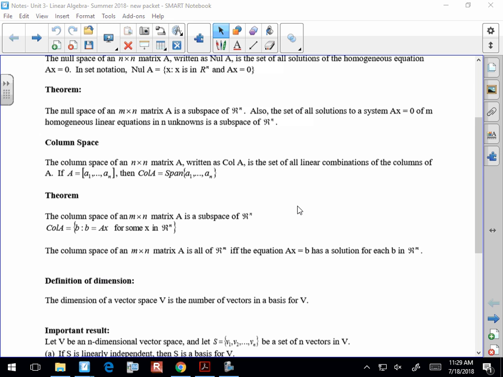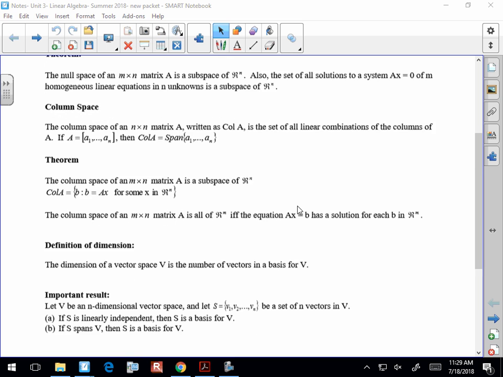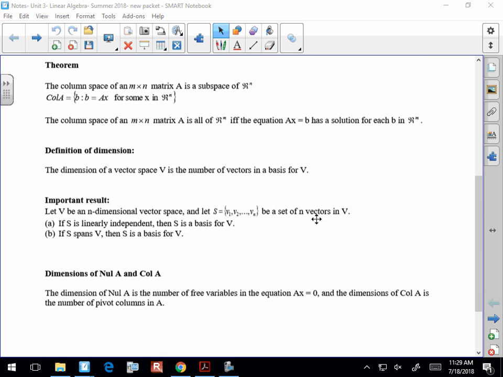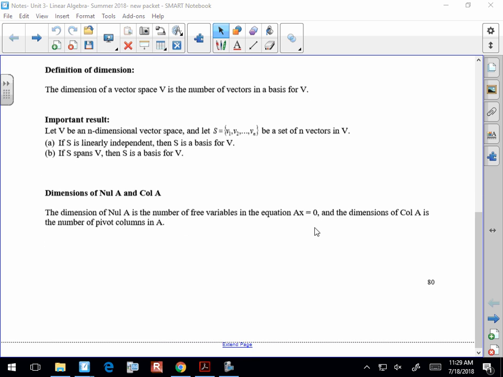So, the definition of dimension: the dimension of a vector space V is the number of vectors in a basis for V. Once you develop a basis, the number of vectors that make up that basis is your dimension. I alluded to that yesterday.